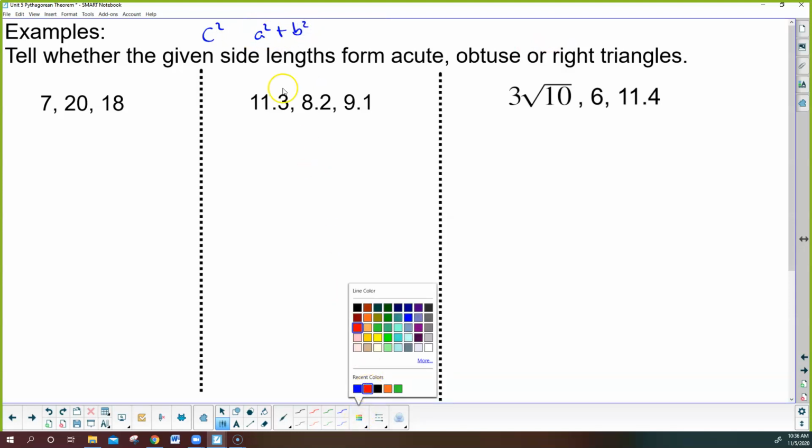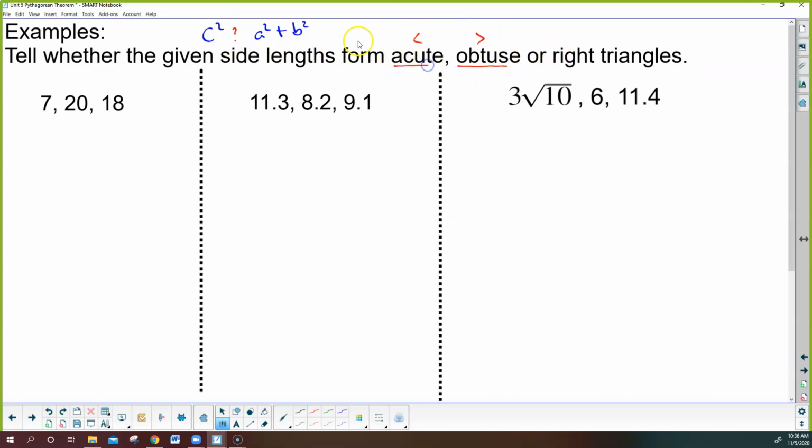And notice how I didn't put an equal sign. I put a question mark. If c is on this side and we have a greater than symbol, then it's obtuse. If it's less than, then it's acute because the other two sides are larger than c squared. And if it's equal to, then it's a right.